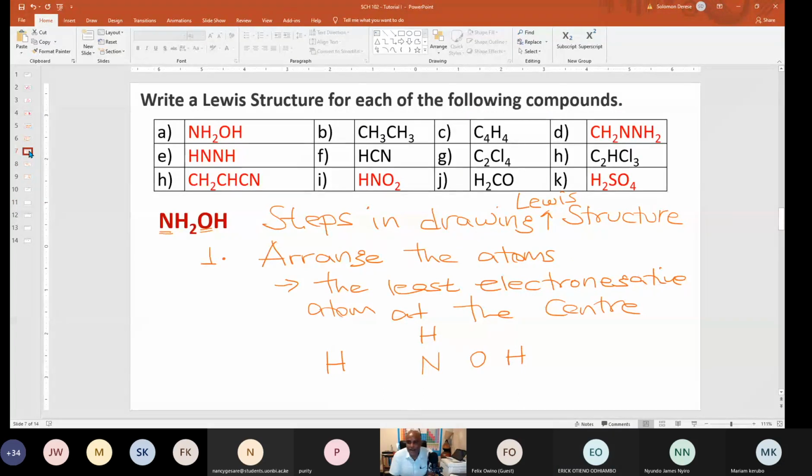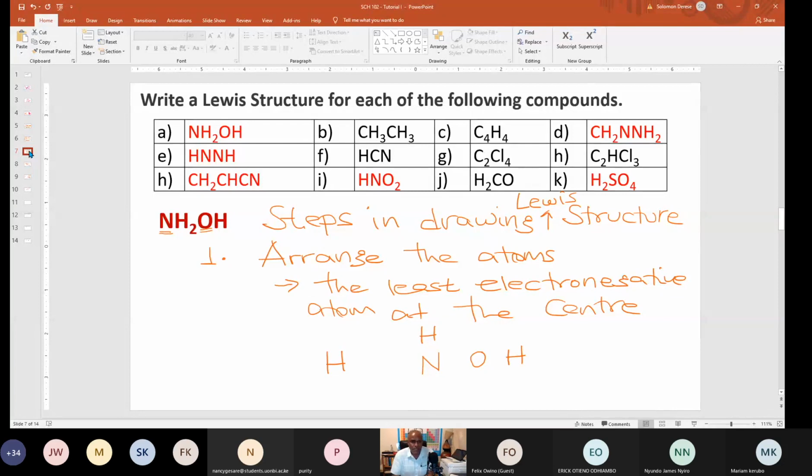Let me just say this from the outset, okay? I don't want you to be misled. Drawing Lewis structures has 4 steps. The 4th step of drawing a Lewis structure is to assign formal charges.